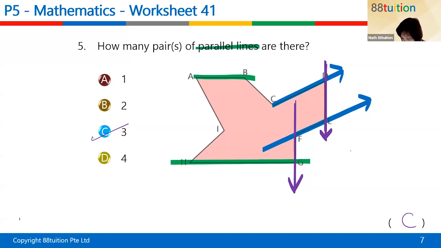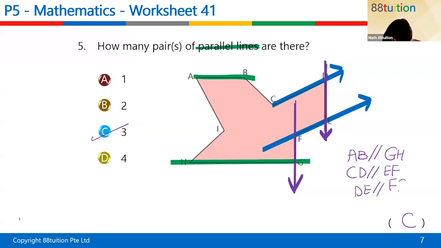So probably this one you have to write down. All right. AB is parallel to GH. Right, that's one line. Then CD is also parallel to EF. And DE is parallel to FG.